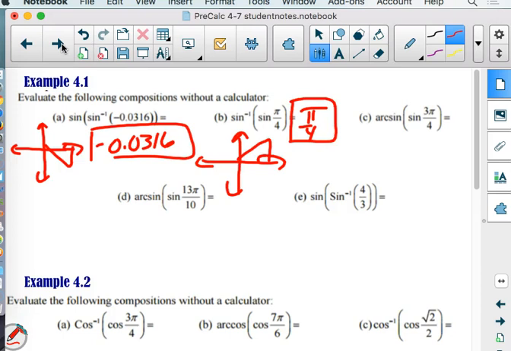The next one. Sine of 3 pi over 4. Okay, so that's going to be, I'm going to change colors, that's a lot of red. 3 pi over 4. Is that in the PDR? No, it's not. Okay, so let's see. Positive, positive, positive, positive, negative, negative.